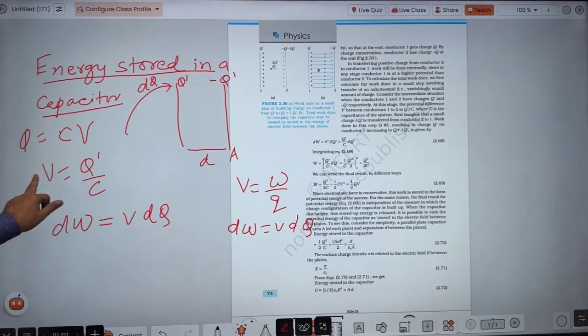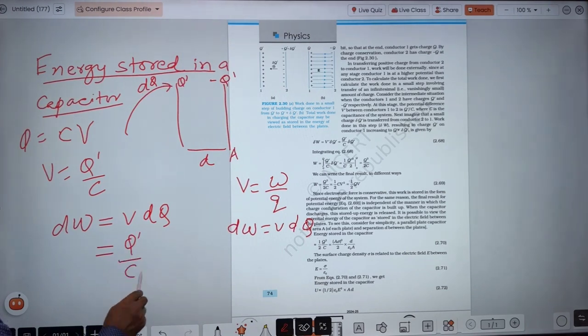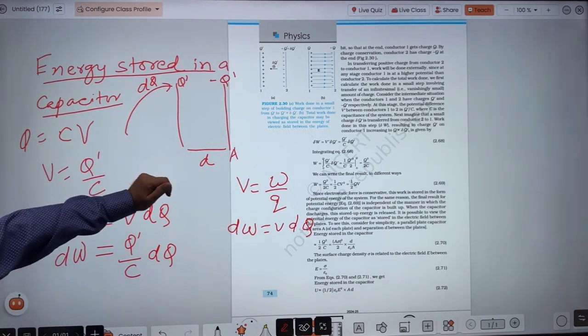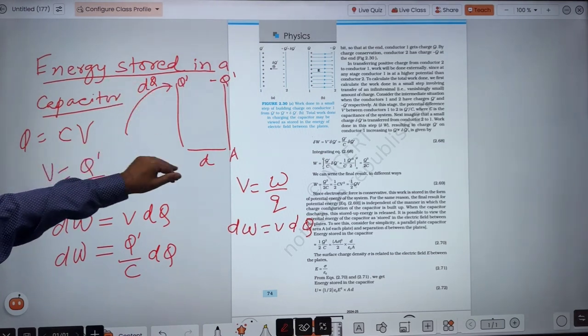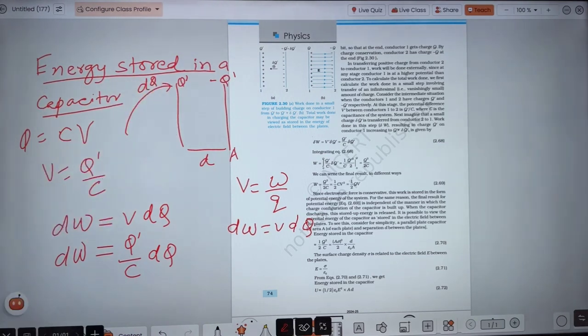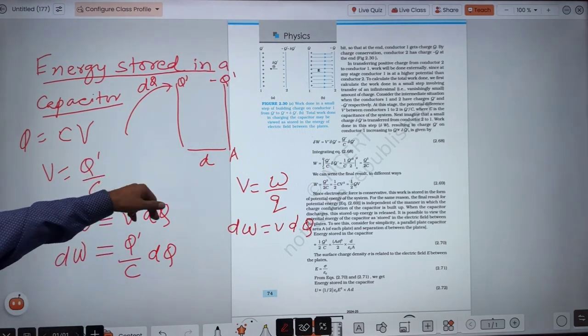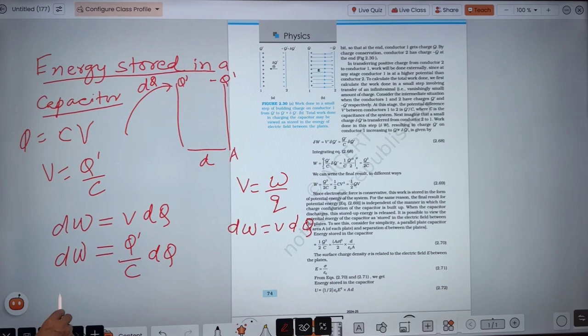Now do one thing. Here V equal to Q dash upon C. So just write Q dash upon C times dq. This is dW. Now suppose initially there was no charge and till end we want to introduce the final charge, that is Q. So we can get total work done in that case by putting the limits of charge from 0 to Q. So W will be equal to integration of Q dash upon C dq within limits 0 to Q.